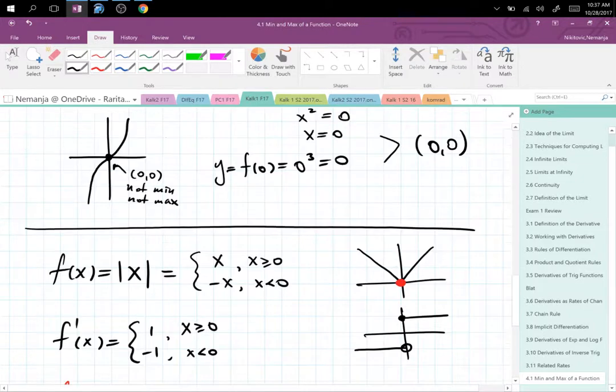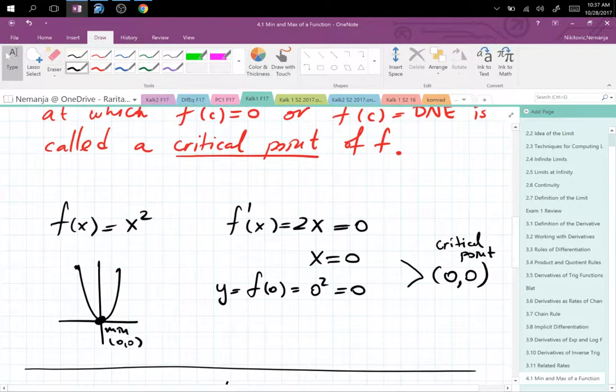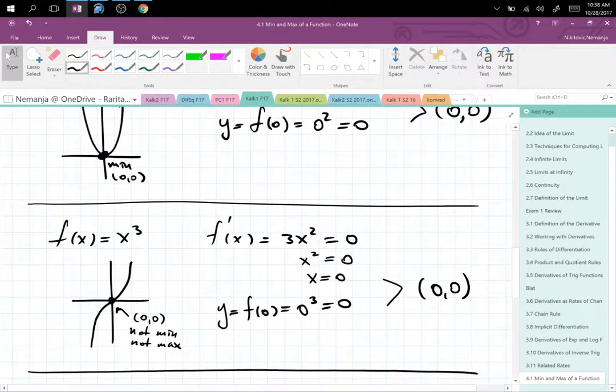You've seen a problem where calculation clearly gives you a min or a max. And most of the time, it's that type of problem. x cubed gives you a false positive, let's call it that way, right? This one you have to detect with a different calculation that we are learning in the next lecture.